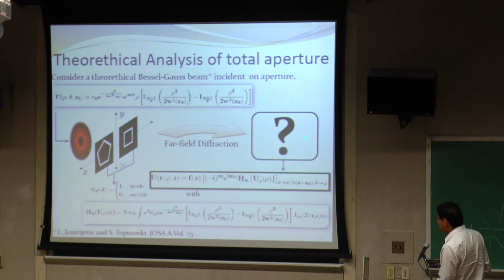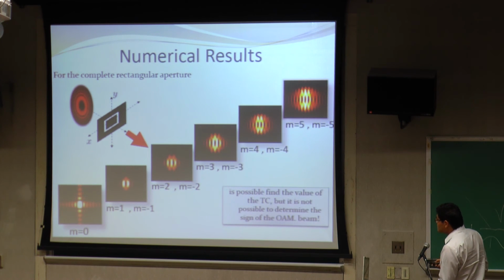We analyze the spectrum. The spectrum graph is this. This is the far-field distribution pattern, a Fourier transform. These are some numerical results.